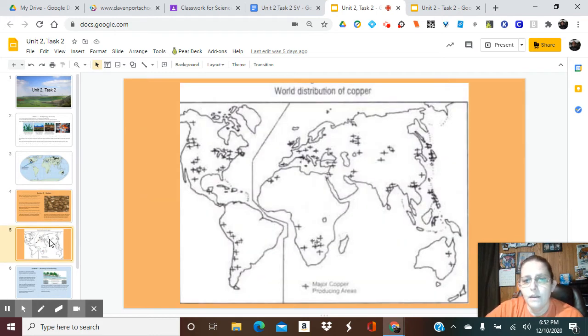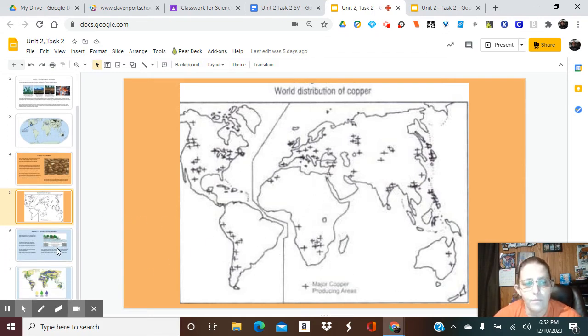This shows you where in the world they have metal ores. If you notice, these are all on the fault lines, on the tectonic plate boundaries. You can't find metal ores in every single spot in the world. This is the major point of the whole thing.